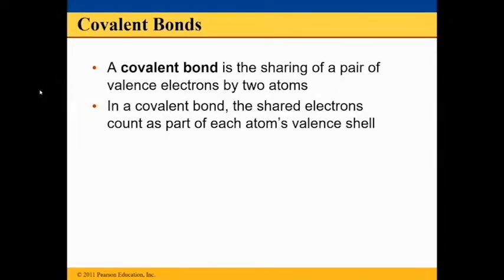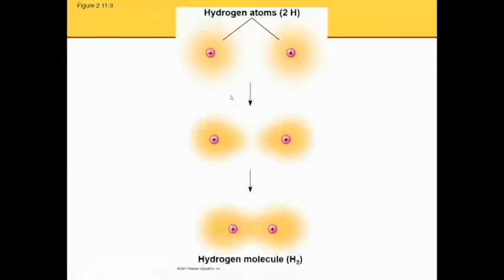A covalent bond is the sharing of a pair of valence electrons by 2 atoms. In a covalent bond, the shared electrons count as part of each atom's valence shell, right?